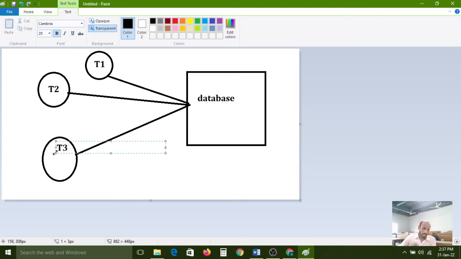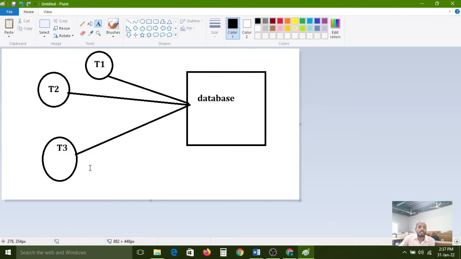Here I have denoted a transaction with the letter T. T1, T2, T3 are transaction 1, transaction 2, transaction 3.